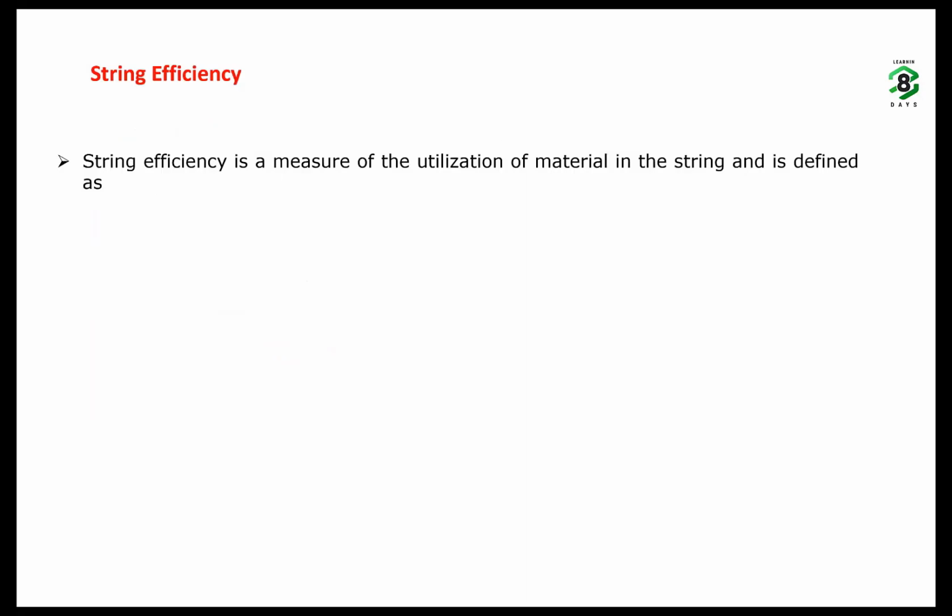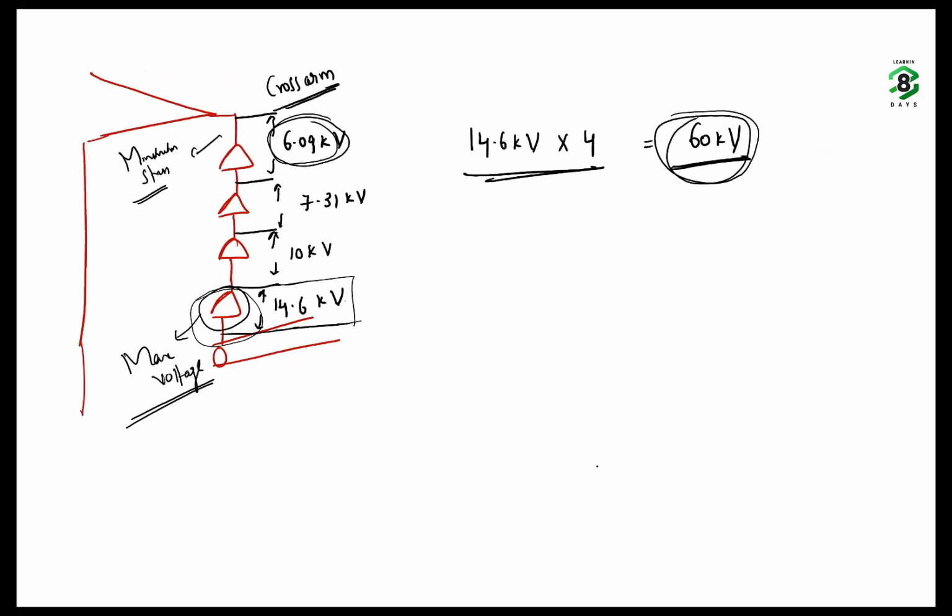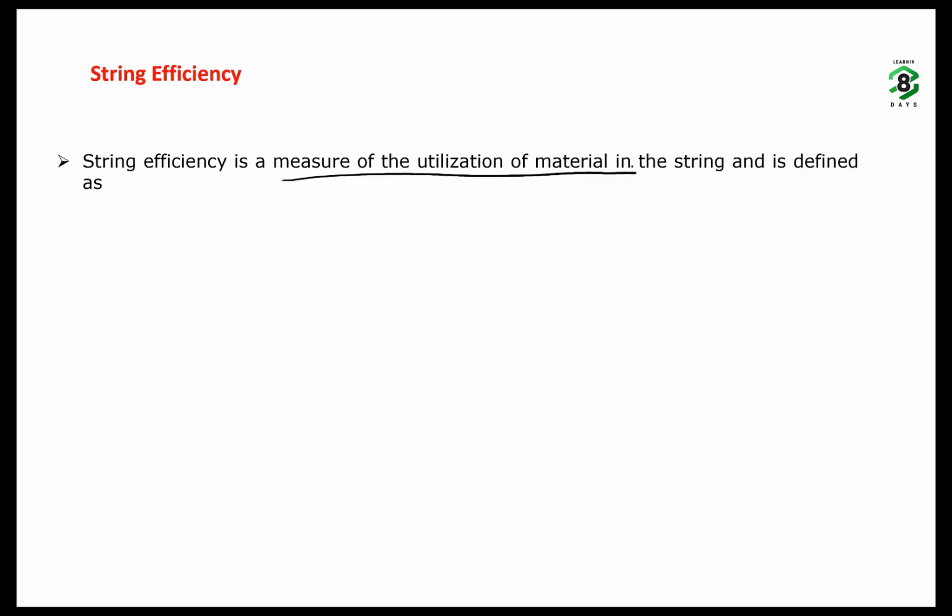Okay. So now I define one parameter called string efficiency. String efficiency is a parameter that measures the utilization of material in the string. That means by how much percentage you are utilizing the material in the particular string.